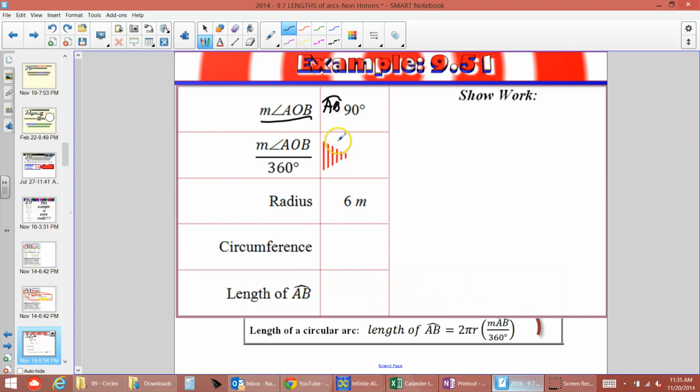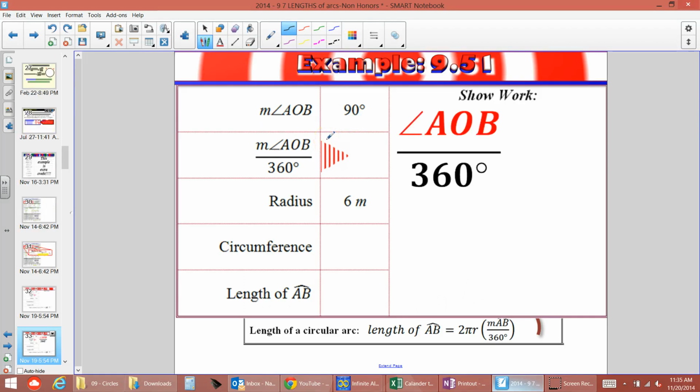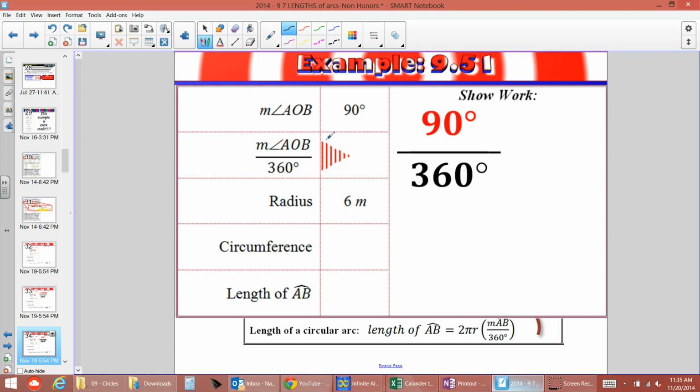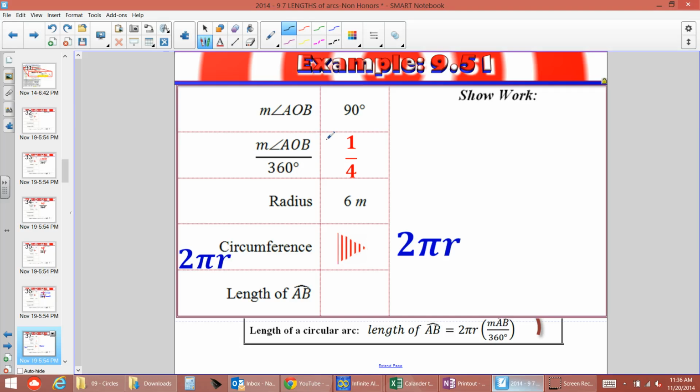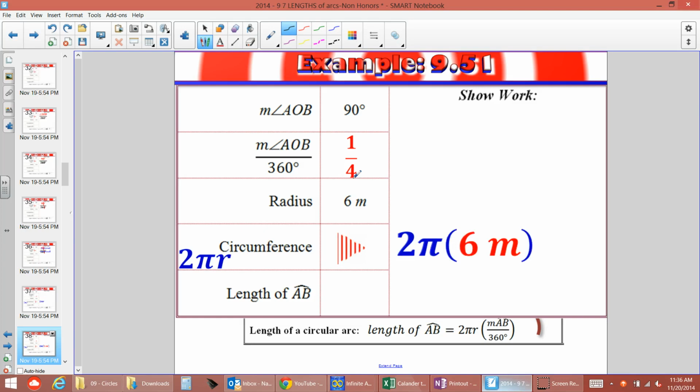So now I take this and I plug it in, get 90 over 360. The zeros reduce, 9 over 36 reduces to be 1/4. So I know that my ratio between the measure of the arc and the full circle in degree form is 1/4. Now the radius is 6 meters, so my circumference formula is 2 pi r. I plug in my r, and I solve and get 12 pi meters.